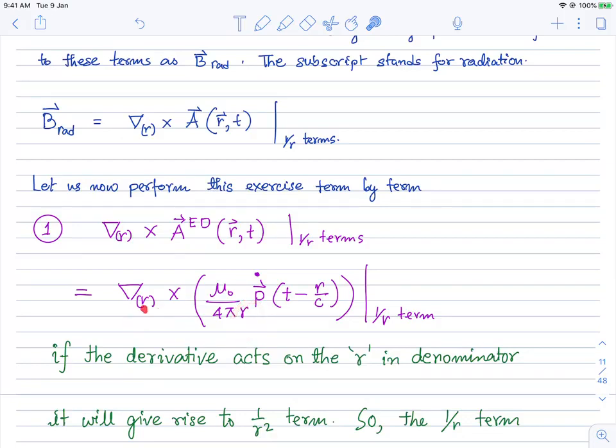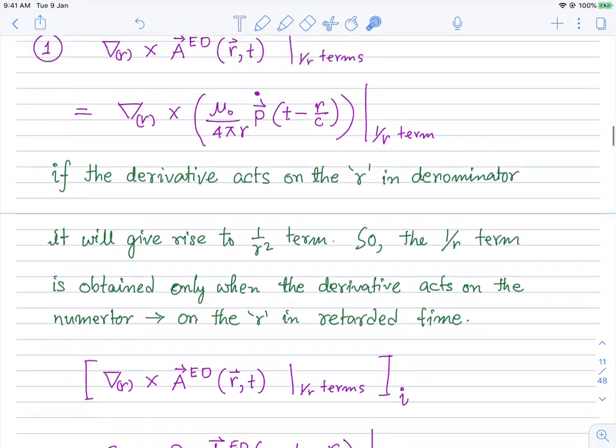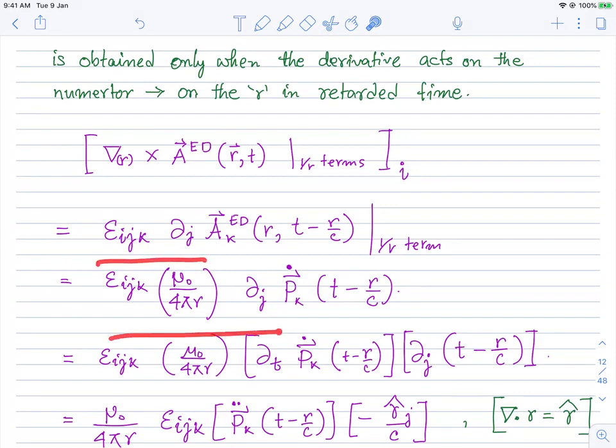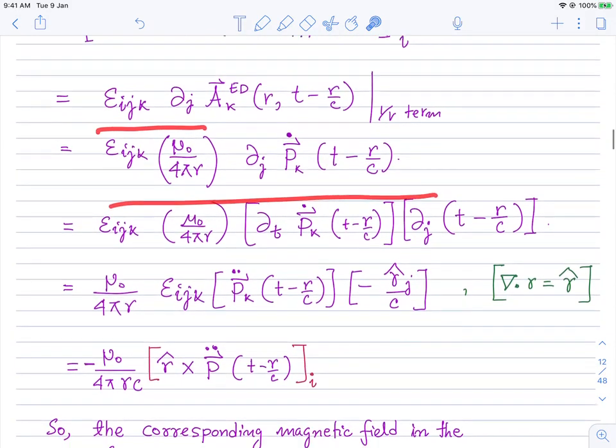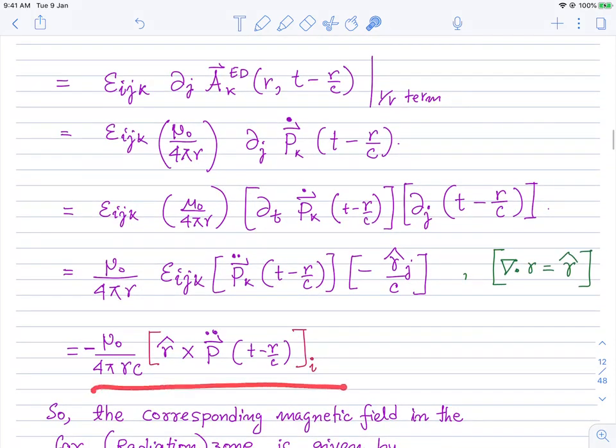So the only way the derivative can act is by acting on this r inside the retarded time of this dipole moment. Keeping that in mind, we can almost turn it into a mnemonic. Of course, you can write out the components and see for yourself that this is correct. But you see what the result is, this object here.